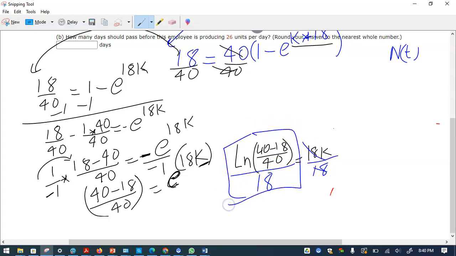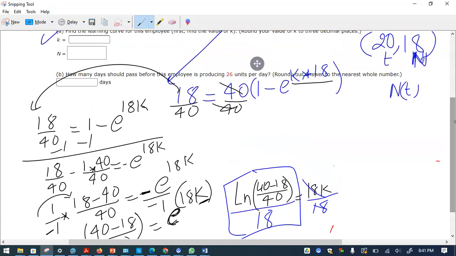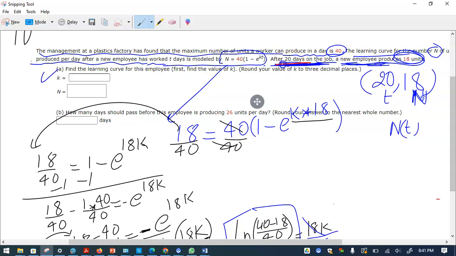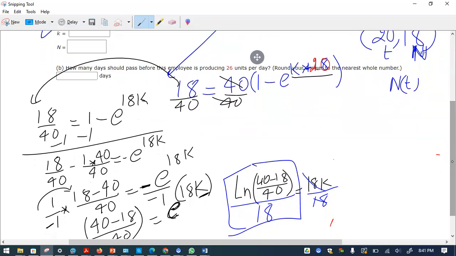This is what you put in the calculator. I made a slight mistake: the question was after 20 days on the job, the new employee produced 18. So this part is 20, and I think you must have realized that. I'll make these changes here.